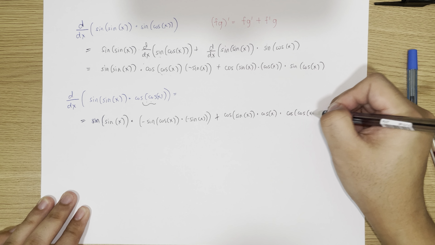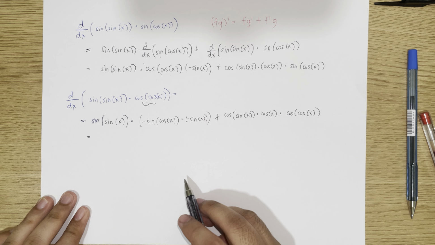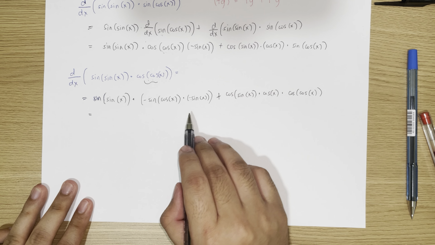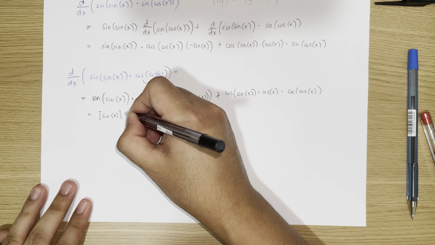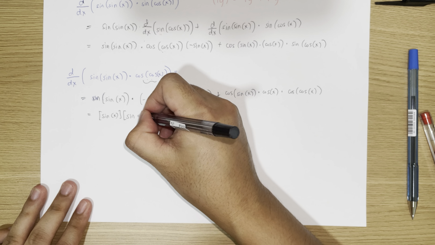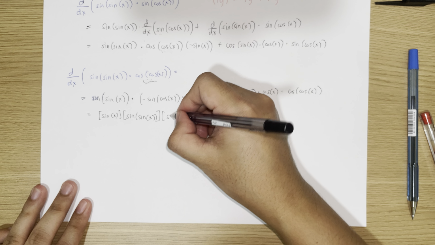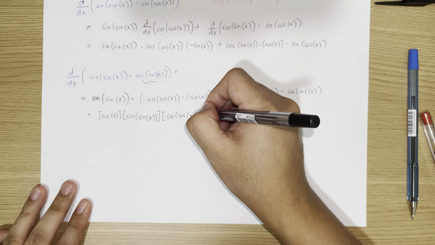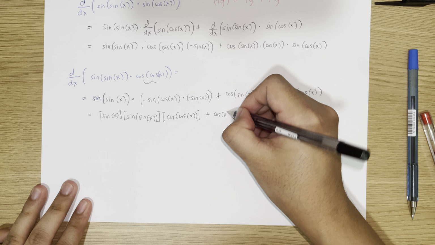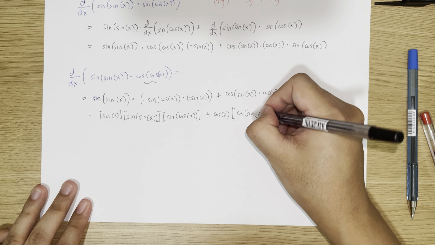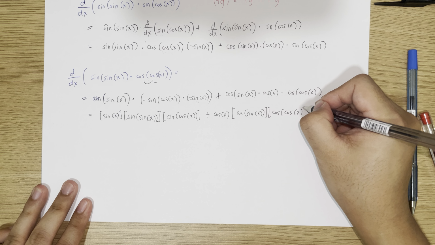Simplifying, negative times negative becomes positive. So the entire thing becomes sine of x times sine of x times sine of cosine of x, plus cosine of x times cosine of sine of x times cosine of x.